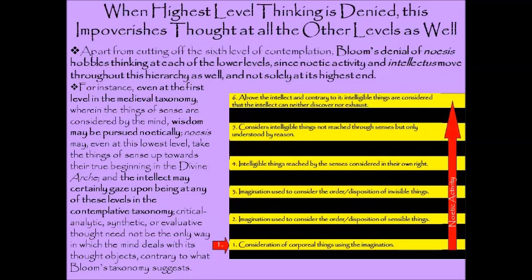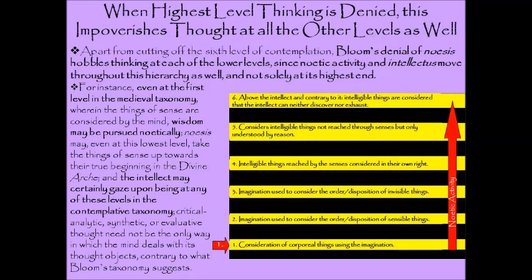For instance, even at the first level in the medieval taxonomy, right down there at the bottom, right? Even at that first level, wherein the things of sense are considered by the mind, you're thinking about something that you've just sensed or felt, right? Wisdom may be pursued noetically. Right? You can ask questions, philosophic questions, based on your senses. Do you see?